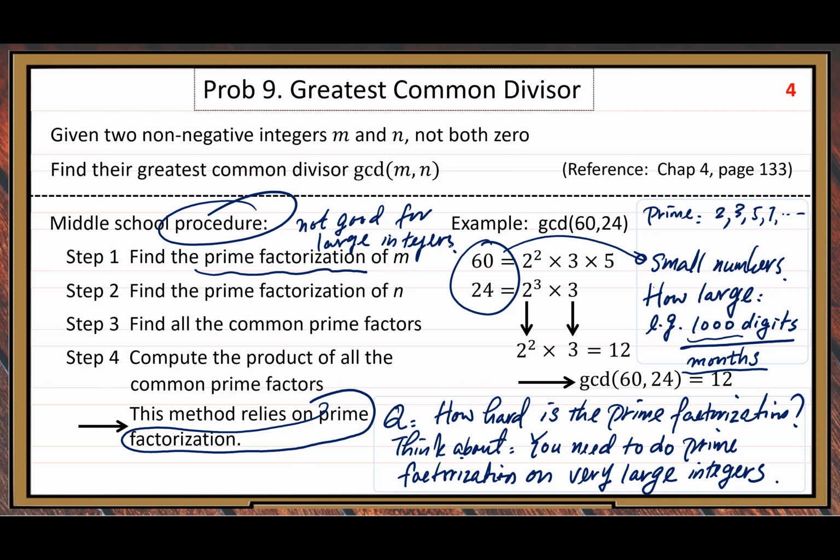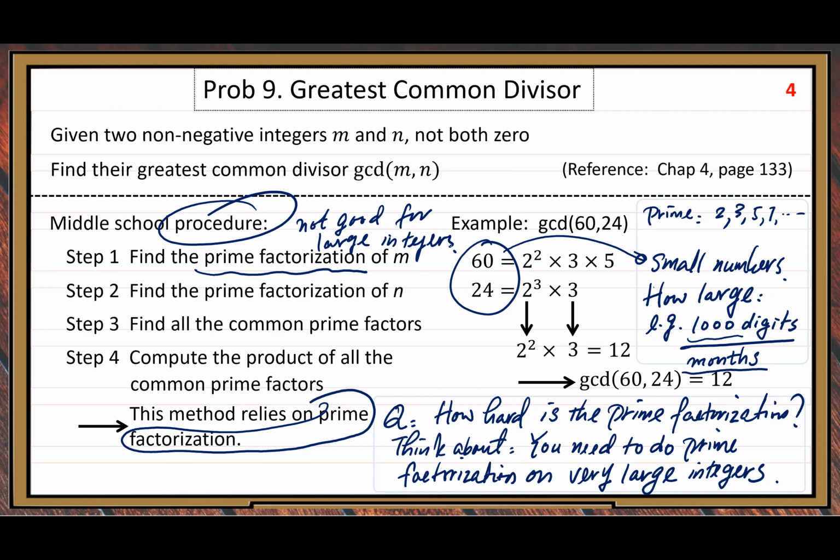If it's not good for large integers, that means we have to change. We have to find a different algorithm that is fast for large integers, for thousands of digits, so that even for such large integers we can get answers immediately.